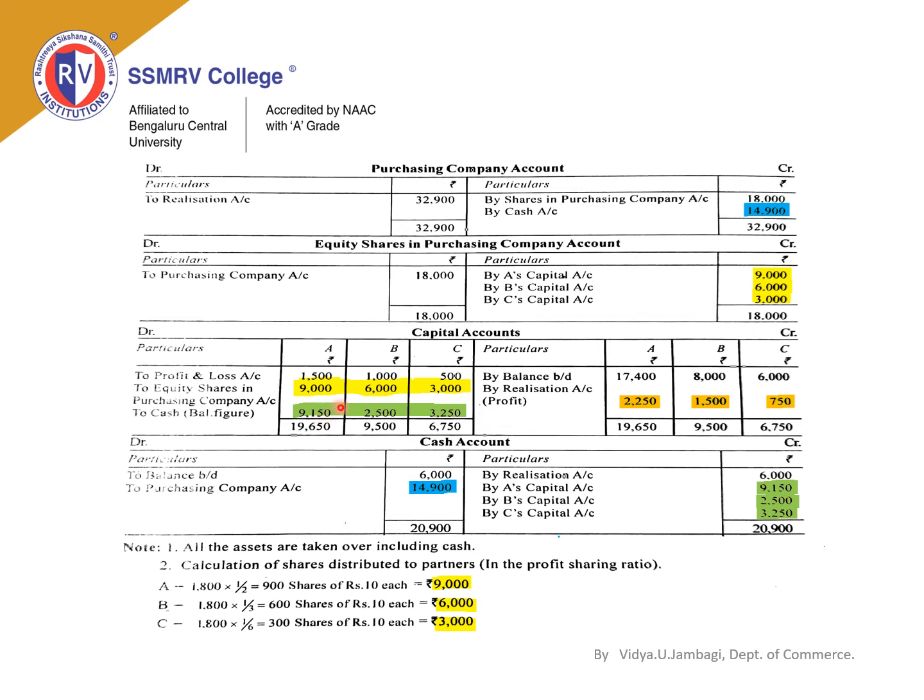So the balance due to the partners in order to close their accounts is, for A, we'll have to pay 9,150. For B, the vendor firm has to pay 2,500, and for C, the vendor firm will have to pay 3,250 to close their accounts.